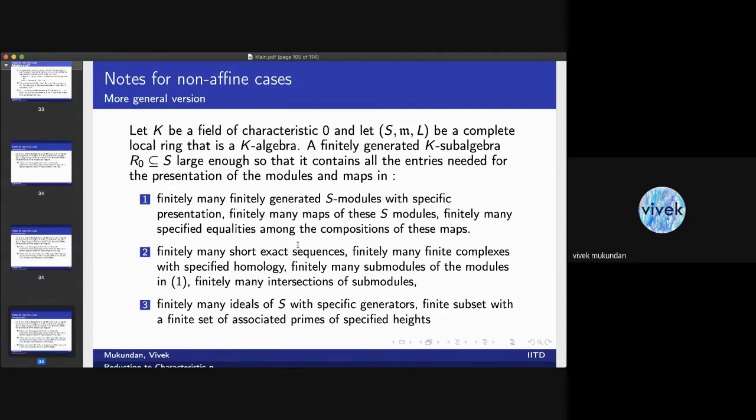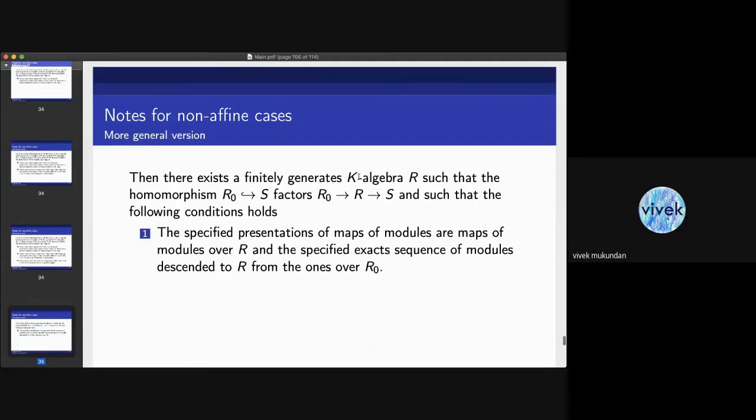The theorem says that you can actually construct a finitely generated K algebra R such that the map from R0 to S factors via R, such that the specific presentation of the maps of modules over R and the specific exact sequences of modules descended to R are also the ones from R0.